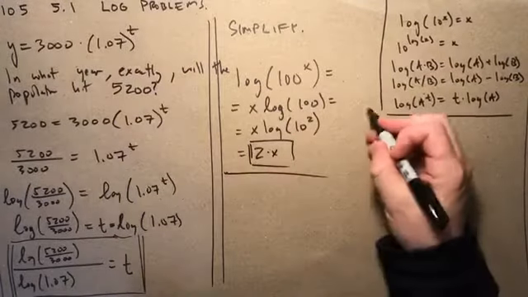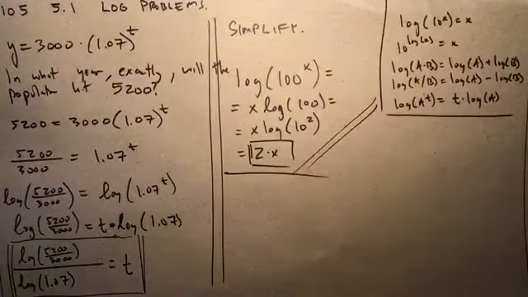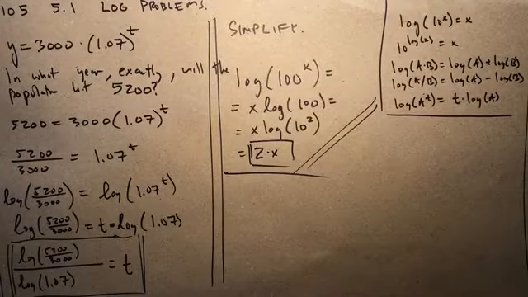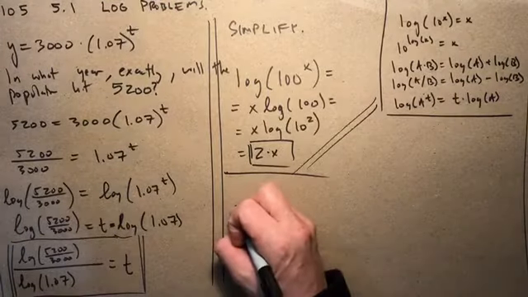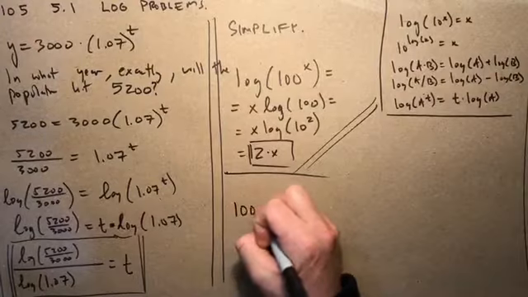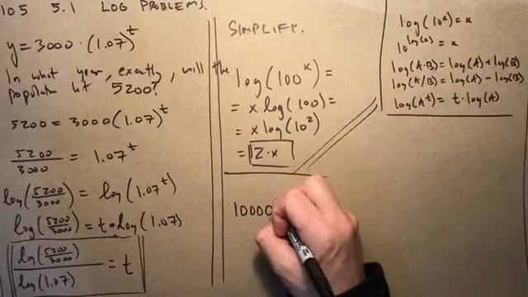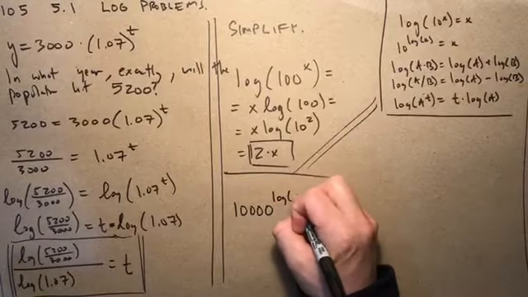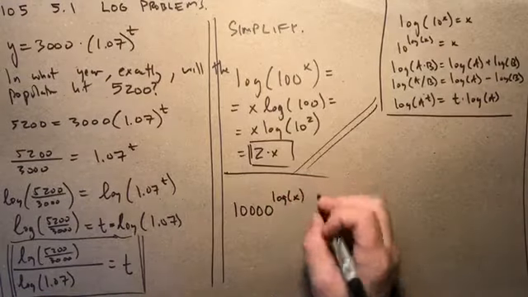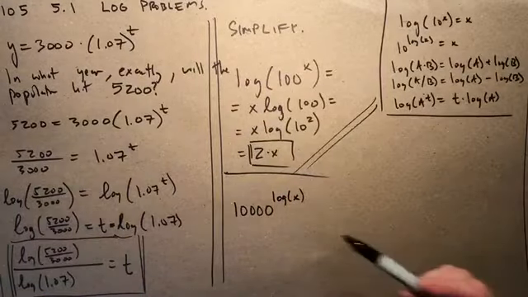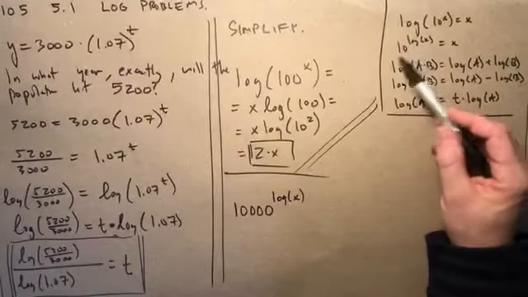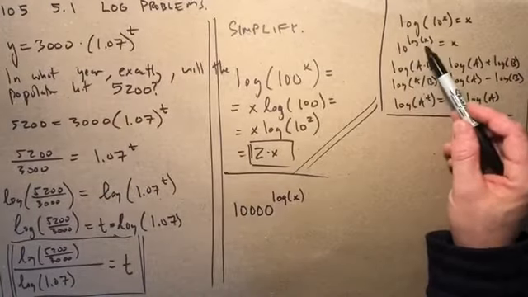Let's do a couple more of these simplification problems, and maybe we can look at something like, what about 10,000 raised to the log of x? Now, we're somehow in a world of hurt because I can't use this property. It's not 10 raised to the log of x.